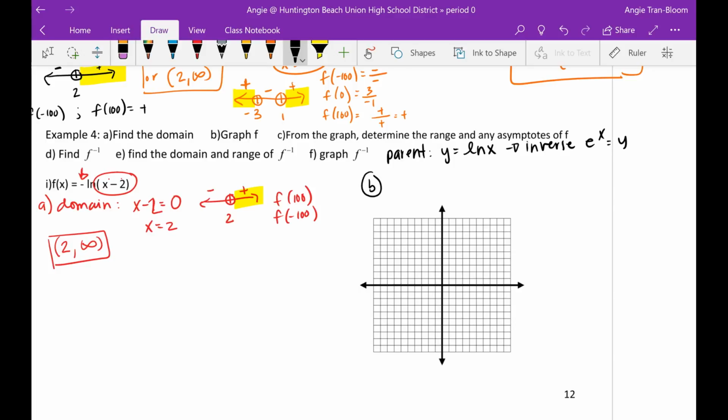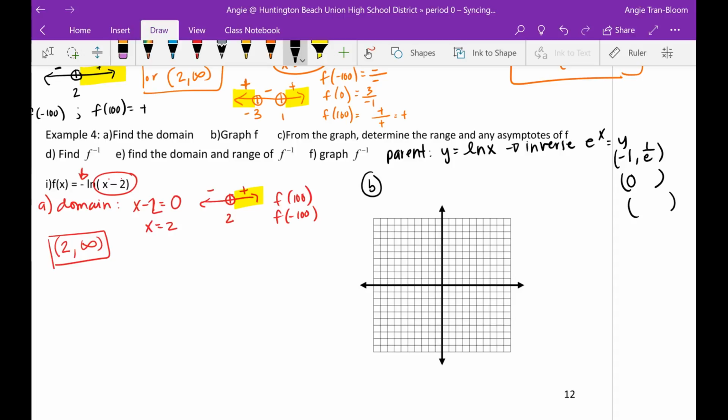Because sometimes I don't remember what 3 points I'm supposed to use. But if I understand the inverse, I can get the points for my log. When I plug in negative 1, I get 1 over e. Because for me, exponential function is more natural to me, right? I can do exponent log, not all the time, okay?